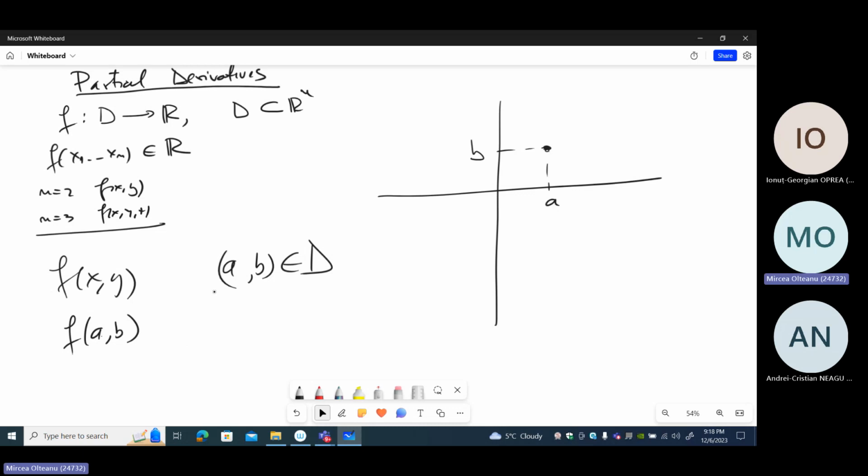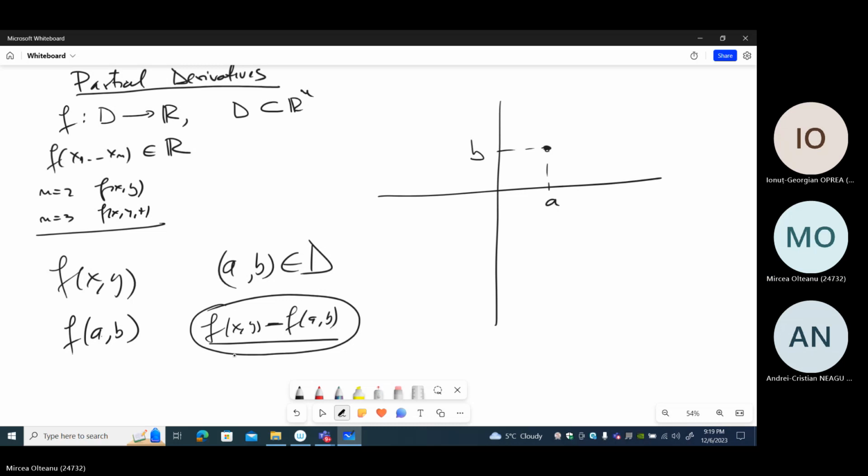The values of the function have a variation, which is given by f of (x, y) minus f of (a, b). And now we would like to have a measure of the speed of how quickly the values of the function are changing when (x, y) is moving from (a, b) to some close point.